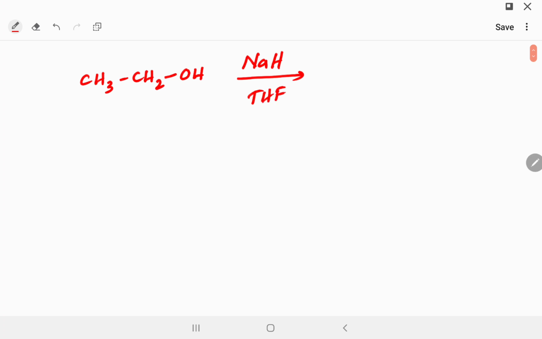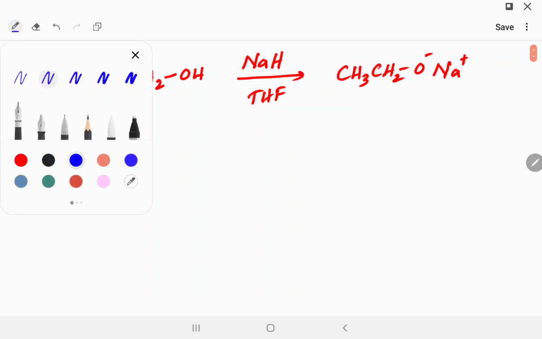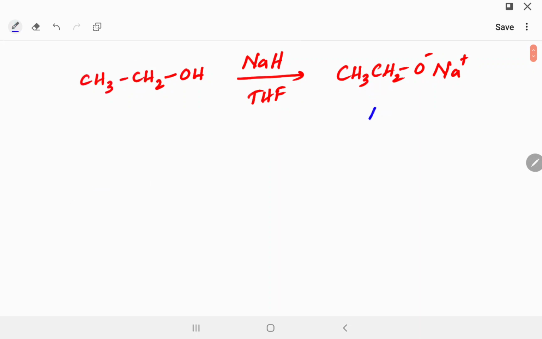THF seems good. What you get is an alkoxide ion, CH3CH2O minus. This is your alkoxide ion, or you can say this is your nucleophile in the SN2 reaction.